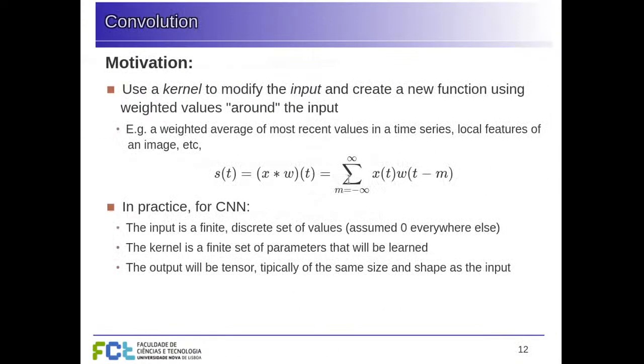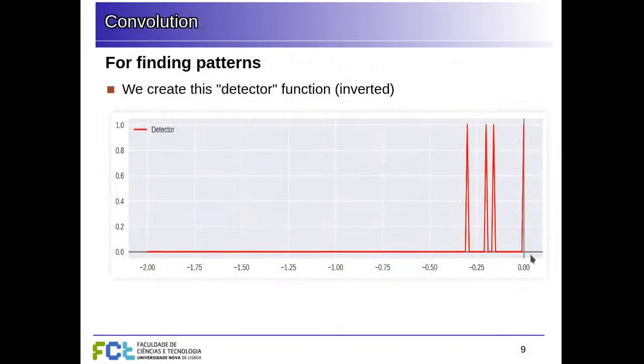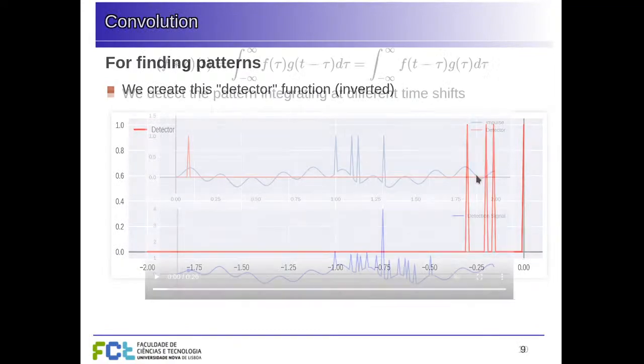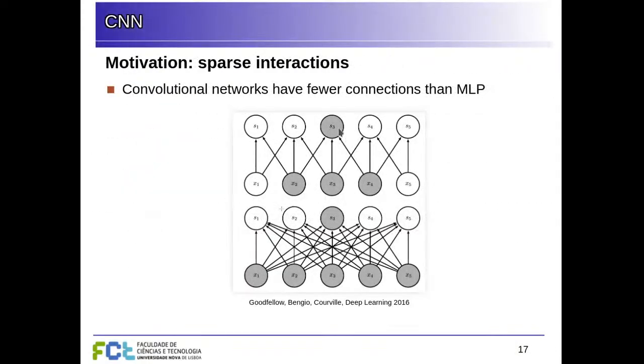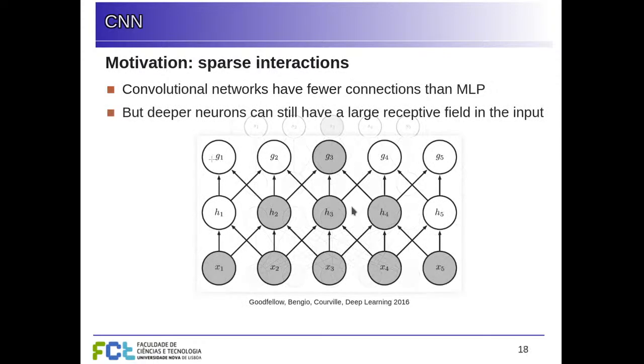So it's something like we saw here. We just need this part here to define our detector kernel. So in this case, the connections are sparse because each kernel is only looking at a small field. Each neuron here is only looking at a small field on the input.